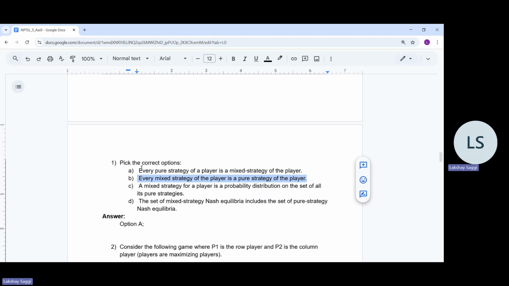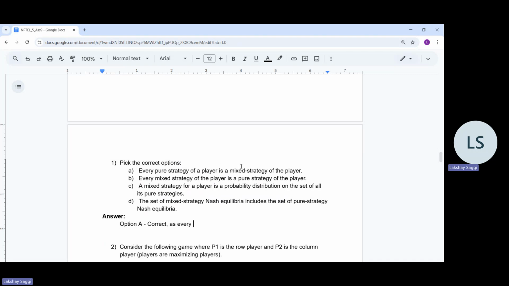Maybe I'll just discuss option A first. Option A says that every pure strategy of a player is a mixed strategy for the player. You can see that this option is actually correct because every pure strategy is just a mixed strategy with a probability distribution.